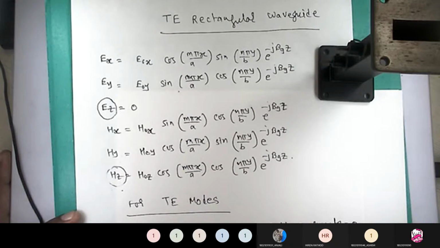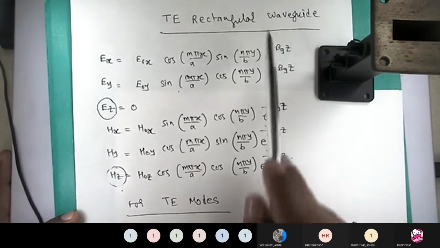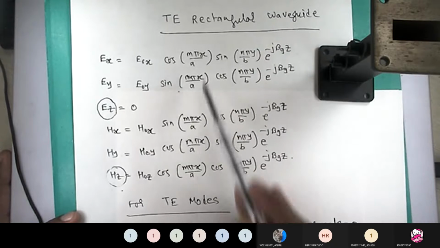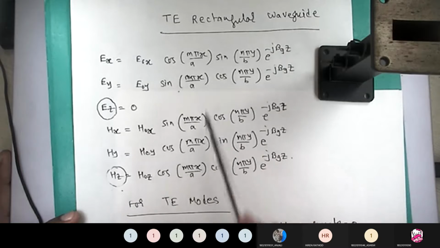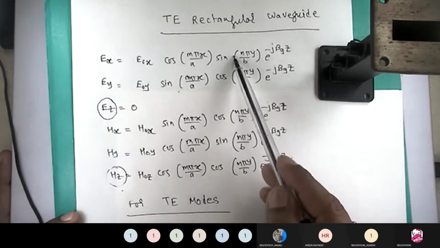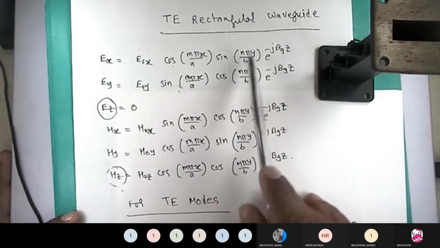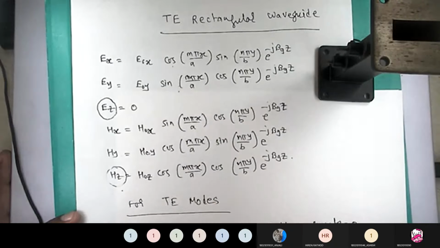not. Then from these major expressions, we can easily observe, or we can easily conclude, that if we put here m equal to 0 and n equal to 0, and because these functions are either sine or cosine, wherever there is a sine, if you use sin of 0, then definitely that component will vanish.